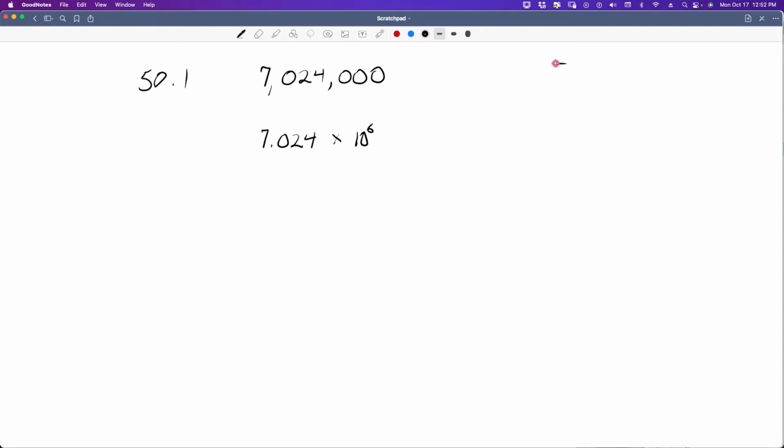So if I move my decimal to the left to write scientific notation, it's going to be a positive. If I have to move my decimal to the right, then it's going to be a negative exponent on my 10. All right, those are things that you need to remember. This is when writing the scientific notation.